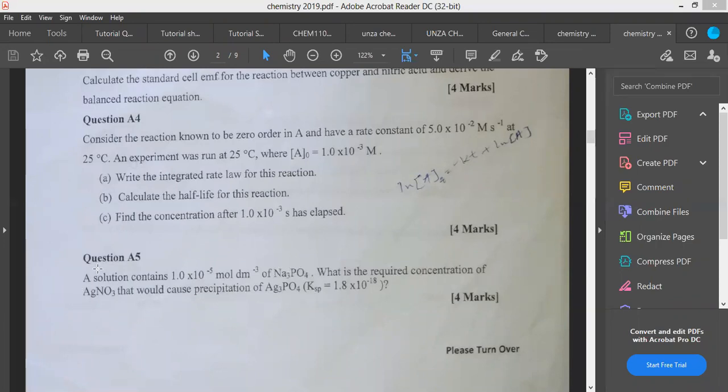Now, every time you are dealing with a question like this, what actually happens is that for this precipitation to happen, the initial concentrations of silver and the phosphate ion should actually be higher than that of KSP. Okay.